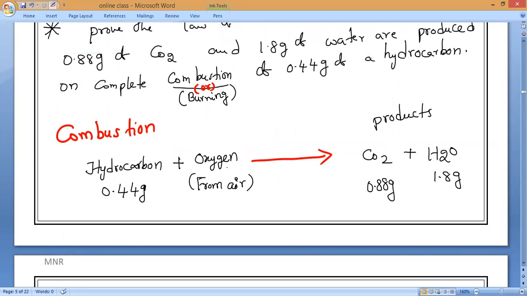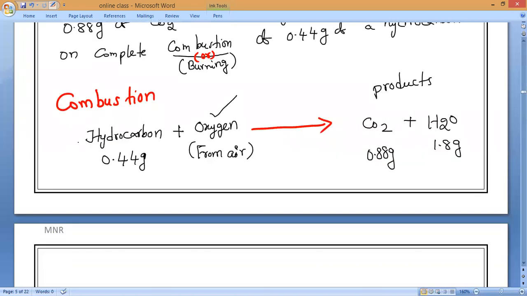But here it is not required. They are not asking us to find the oxygen mass and balance it. They are asking whether the hydrocarbon is balanced or not. Remember, oxygen is coming from air. We don't need to find that to show the law of conservation is true. We don't care about the oxygen mass. We are asking about the hydrocarbon.